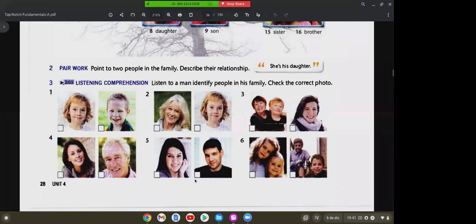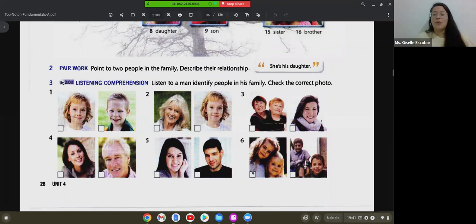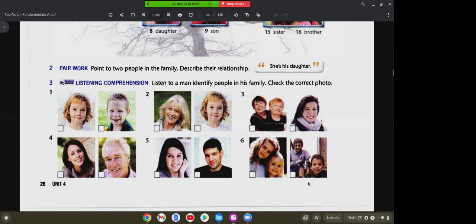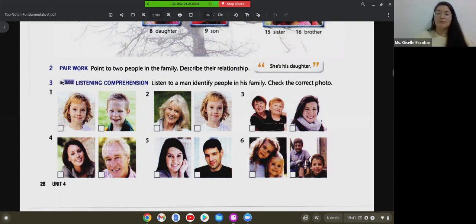Picture number 1. Exactly. And now the last one, Erika. Is it picture number 1 or picture number 2? Picture number 1. Exactly. So picture number 1. There we go.